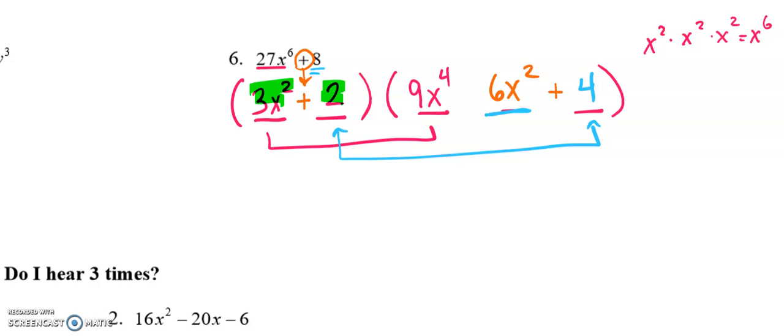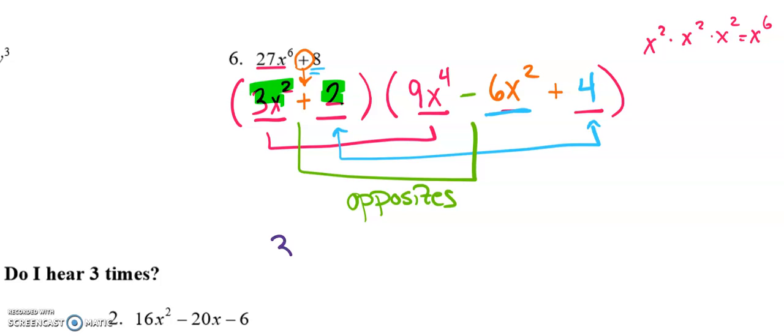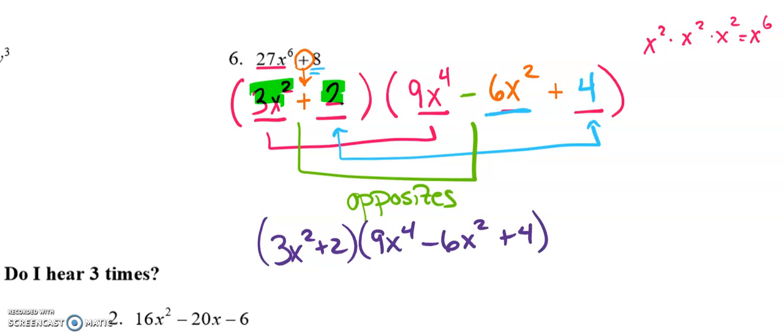These two are always opposites. So since I started with addition, this will be subtraction. So my factors would be 3x squared plus 2 times 9x to the 4th minus 6x squared plus 4.